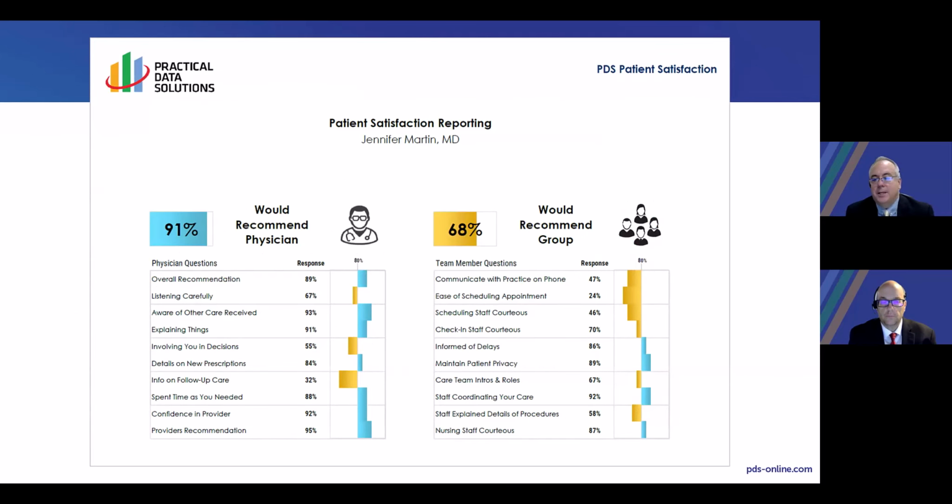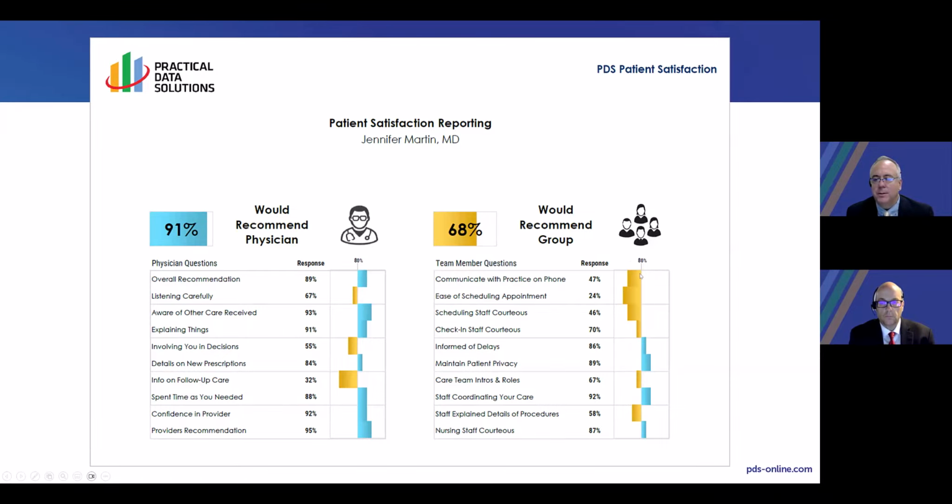Here's an example of a dashboard where, in best practice organizations, we talk about what are some of those KPIs that we might want to measure. And here you can see reformatted patient experience data presented in a way that you can't miss. If our goal is to make sure that our patients are recommending the physician or our group, you can't miss this. And then on top of that, we're using this sort of sliding scale bar chart that when you're way above or way below, you really can't miss that.